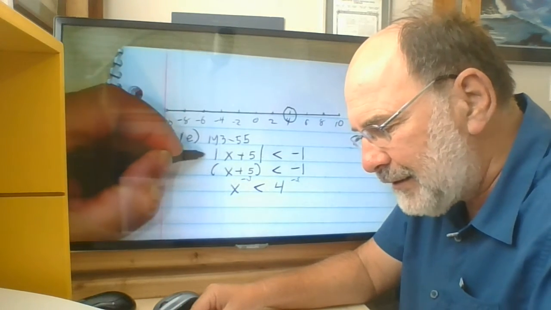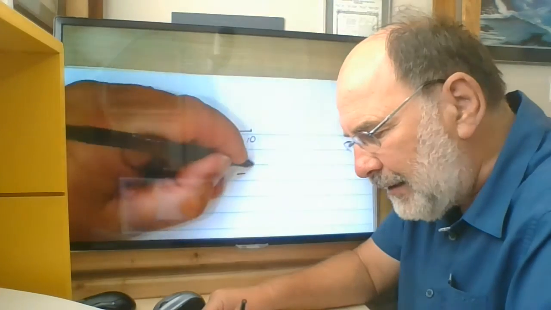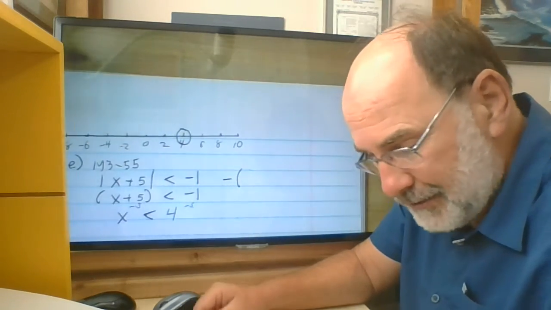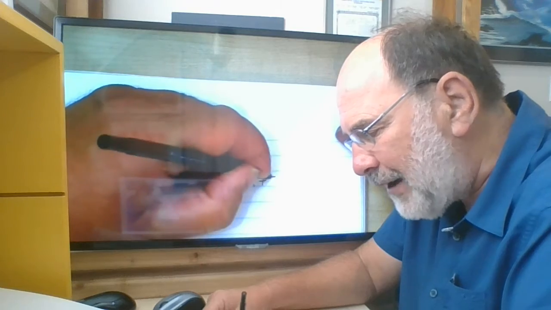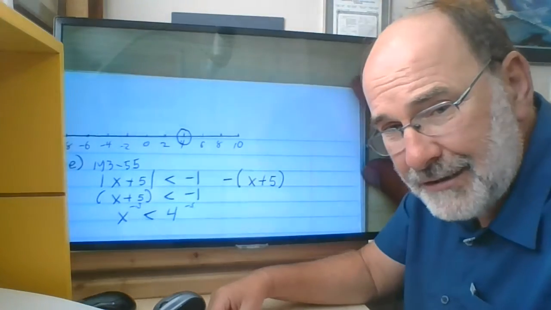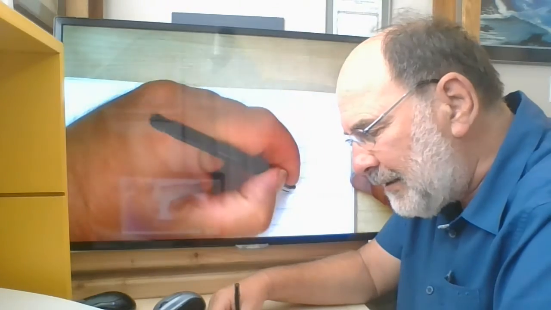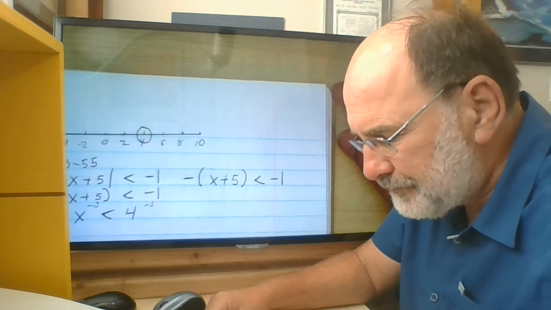And so I'm going to write it with a minus sign. And instead of writing absolute value, I'm going to write it with parentheses. Don't change the interior expression, x plus 5, close parentheses instead of absolute value symbol. Still strictly less than -1. Great. Solve for x.